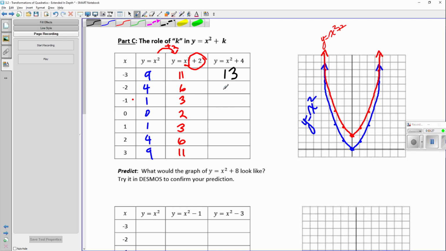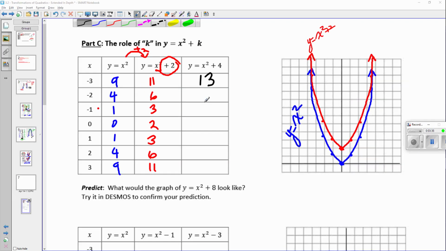And so we add 4 to each of these values that we have for our x squared term. So 4 becomes 8, and then 1 becomes 5, and then 0 becomes 4, and then we have 5 again, 8, and 13. So now let's go and graph this.